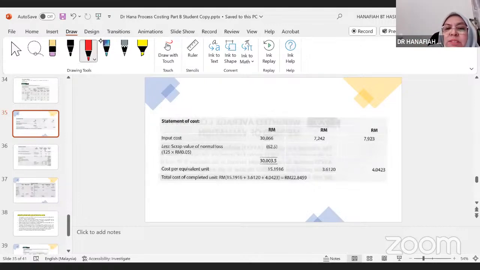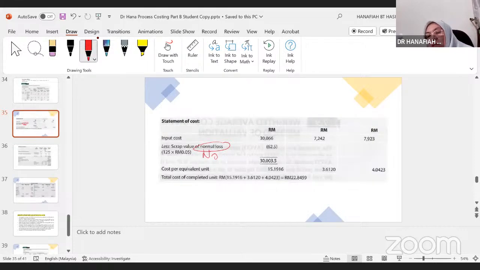Okay, so just now, if no loss, sorry, not no loss, but no scrap value, then the cost will be charged to the perfect unit, the complete unit. However, if you have the value, it is loss, but that loss can be sold as scrap.